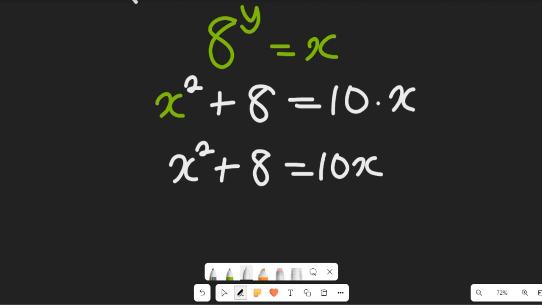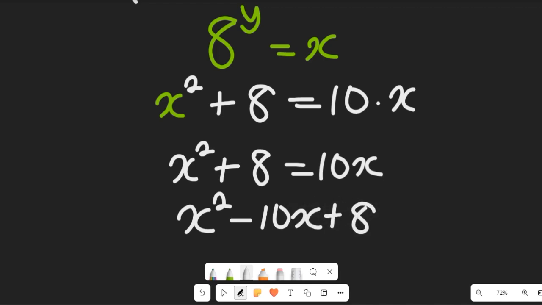So if we subtract 10x from both sides, we'll have x squared minus 10x plus 8, and this will be equal to 0.